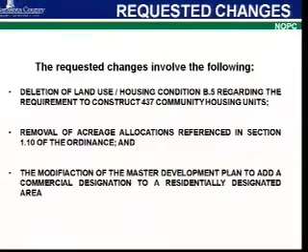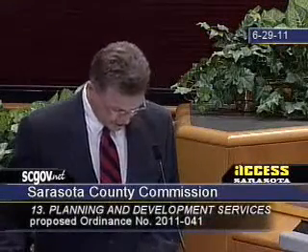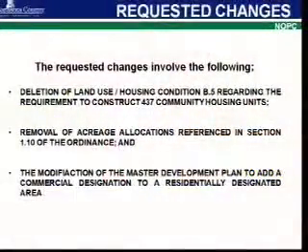The first change is to delete the requirement to construct the 437 community housing units. This is found in Section B5 of the ordinance. The second change is to delete acreage allocations within Section 1.10 of the ordinance, which is the body of the ordinance. And the final change is to modify the master development plan map.